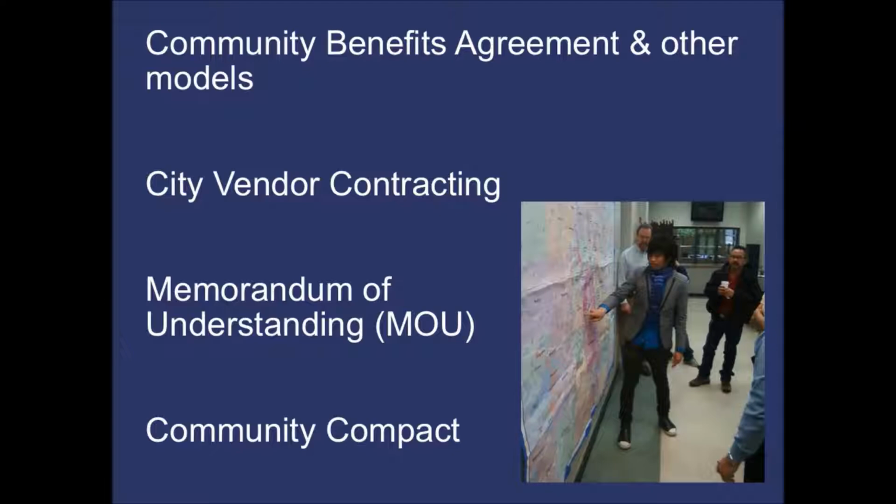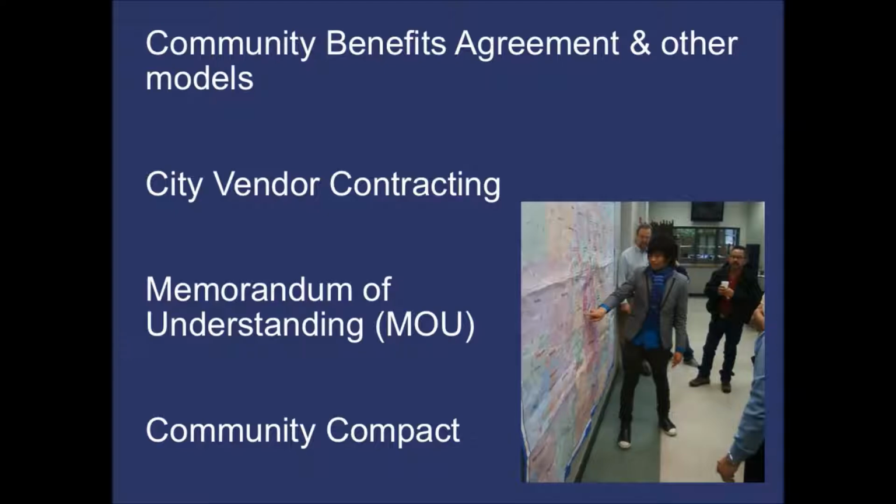A city like Minneapolis enters into vendor contracts, probably spends millions, tens of millions of dollars every year on various contracting. How many of those contracts are going to disadvantaged business enterprises, women-owned businesses, minority-owned businesses, veterans, and people with disabilities? So there's other places to look, not just a physical development project to try to elevate community benefits.